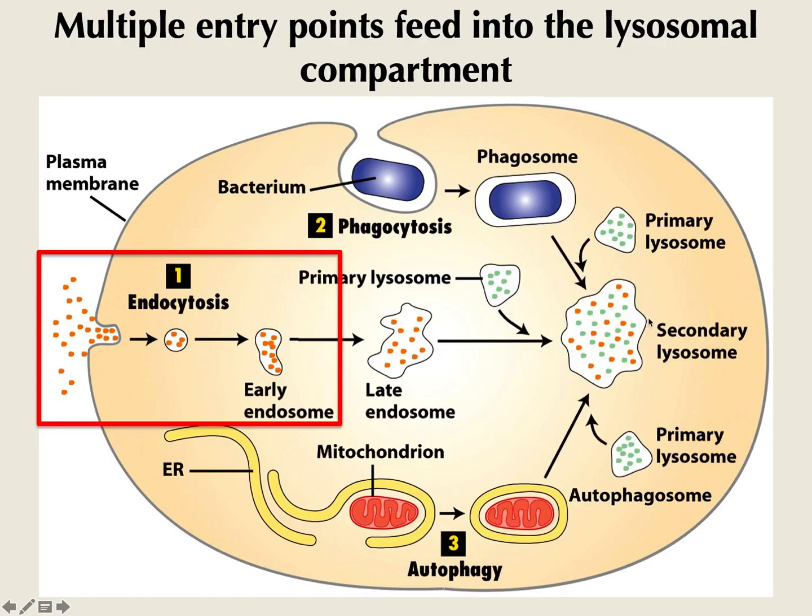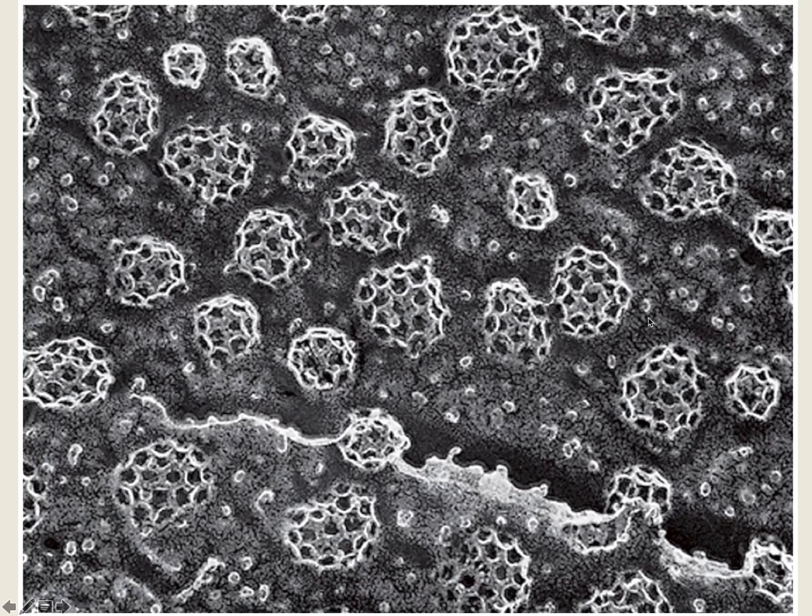So, endocytosis. I've shown you this picture before. I show it again to drive it home, and because it's a really impressive picture. It's as if you were underneath the plasma membrane taking a snapshot and seeing all these clathrin pits. At this stage they are called pits because we're basically catching the vesicles as they are being formed.